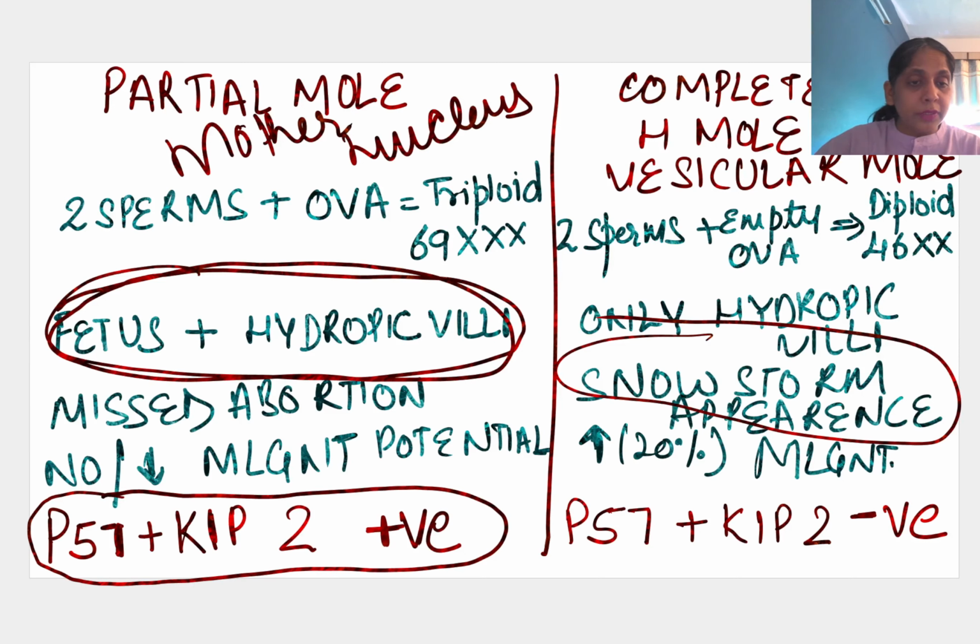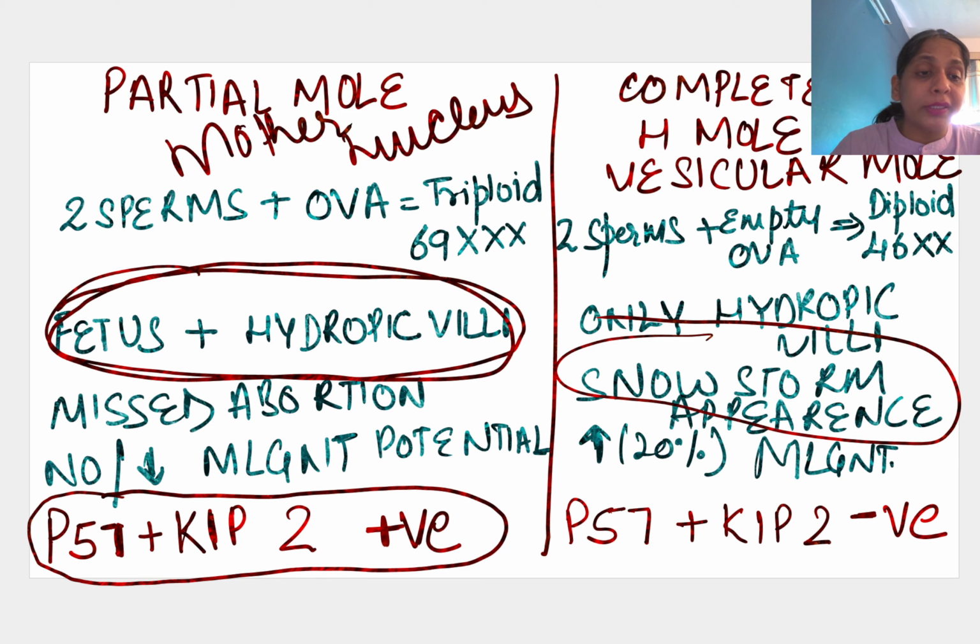Sometimes the pathologist is not able to differentiate whether it is a partial mole or a complete mole. In that case, the patient comes to us with snowstorm appearance, we do suction evacuation, and we send those villi for histopathology.